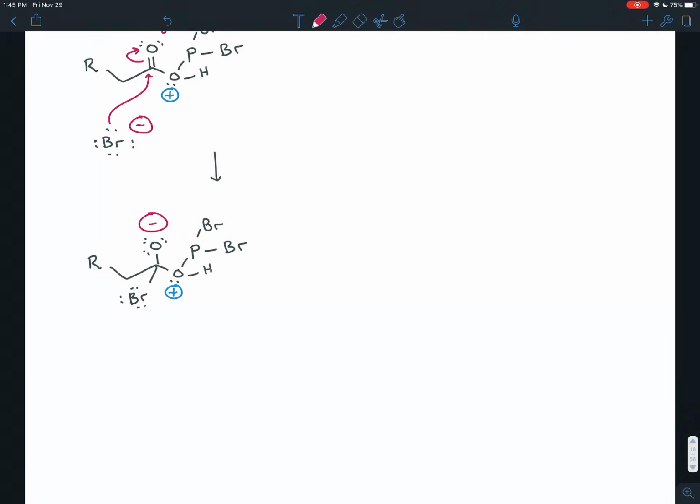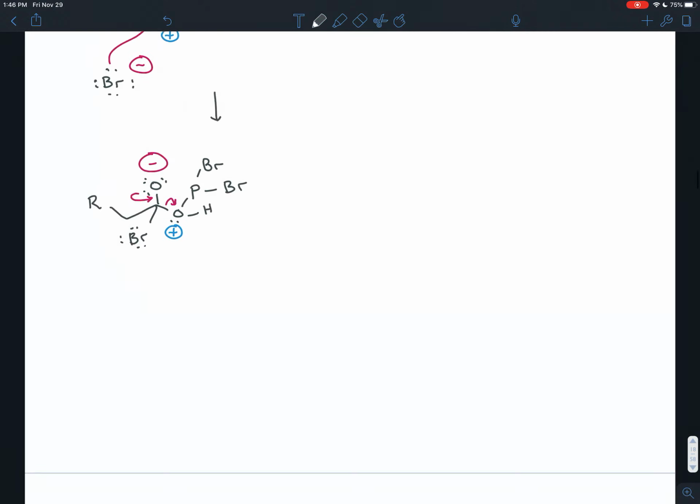That oxygen with a full negative charge is very unstable, so the electrons snap back down and kick the best leaving group off. And this leaving group with the oxygen with a full positive charge is even better of a leaving group than just the halogen. And so that kicks that group off, and that's how you get your acid halide.